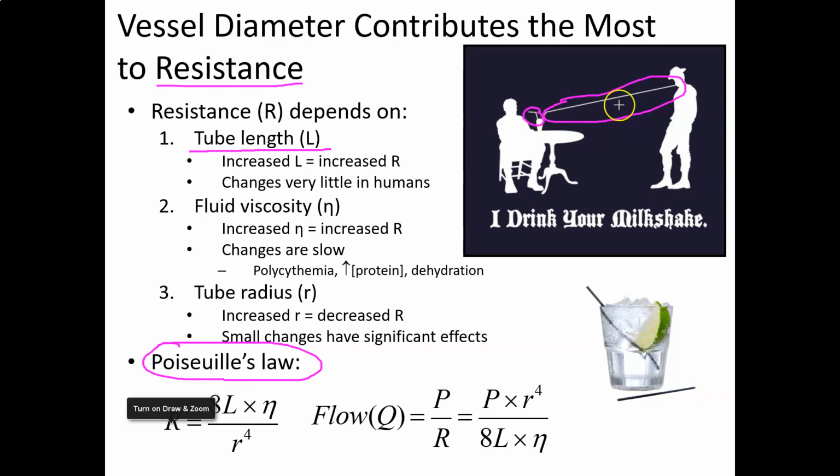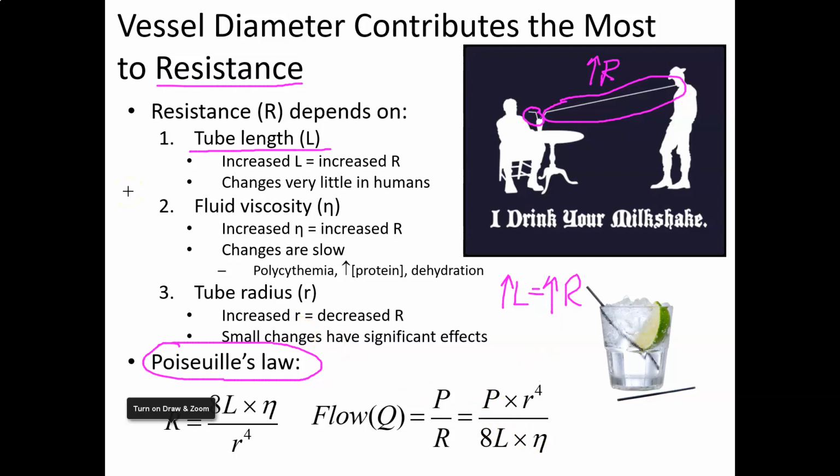So the long straw is going to have an increase in resistance because of that. If you think about it, as fluid travels through the straw, it makes contact with the inside of the straw, and that creates friction. So the longer the tube, the greater the resistance. If we increase L, that's going to increase big R, resistance.